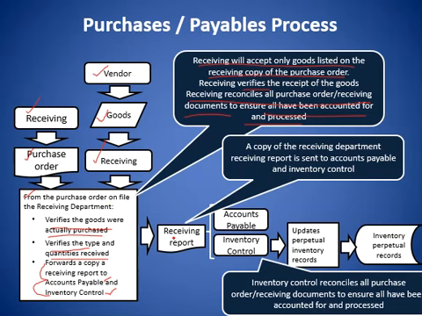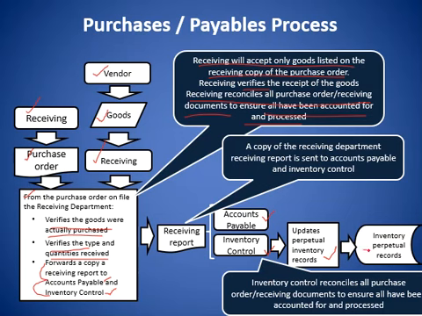Okay, now the receiving report goes on to, as I mentioned, accounts payable and inventory control. At this point, inventory control is going to update the perpetual inventory records, which says we've received 15 pieces of product XYZ.